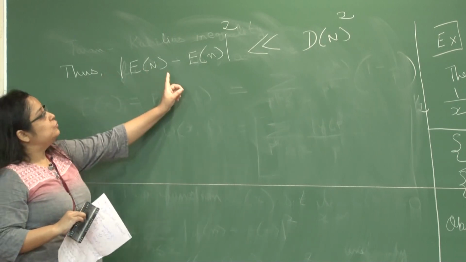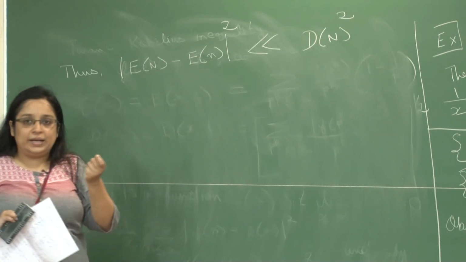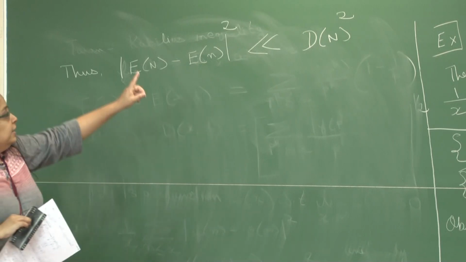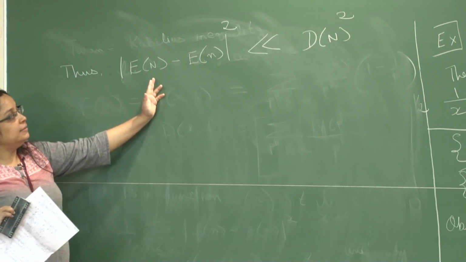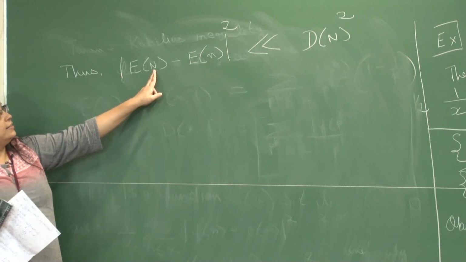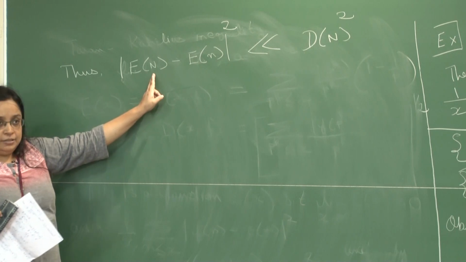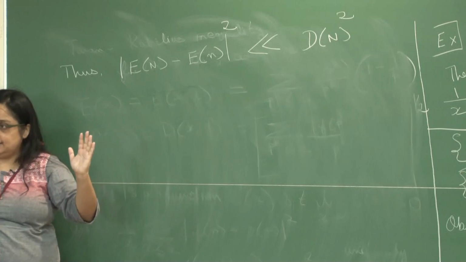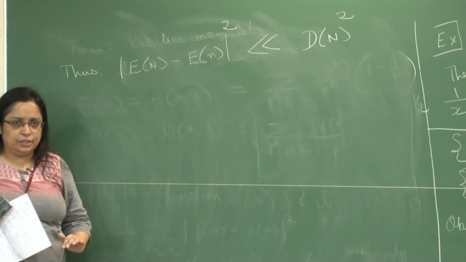The reason why we are studying these functions E of n and D of n is to understand the average order and the normal order of a function. Now, when you consider the set from 1 to capital N, where capital N is the largest element in that set, whether you consider E of capital N or E of little n, where n lies in that set from 1 to N, what exactly is the difference between the two?